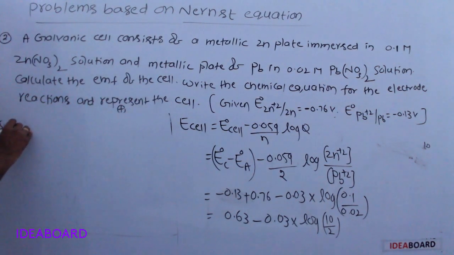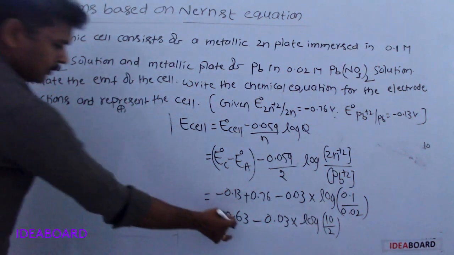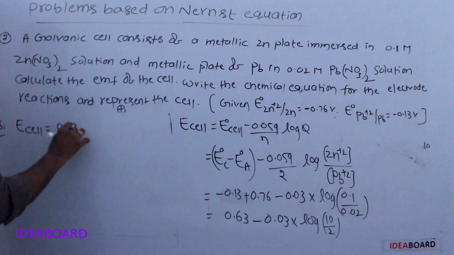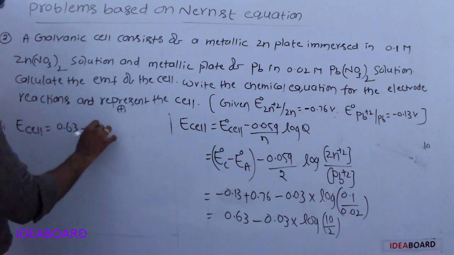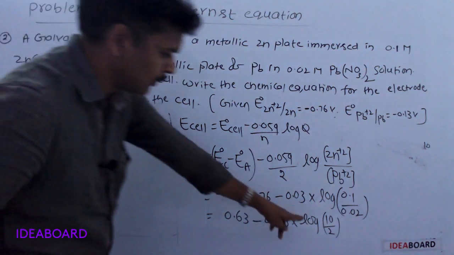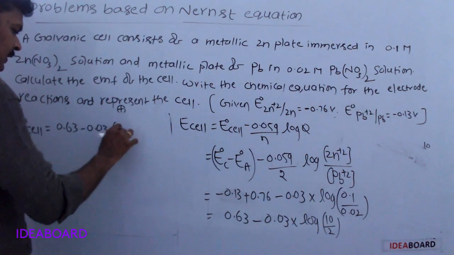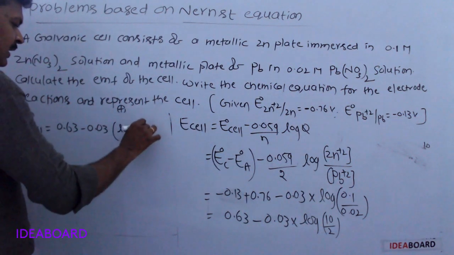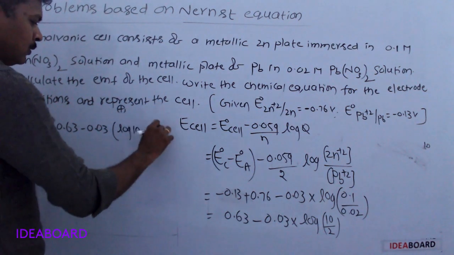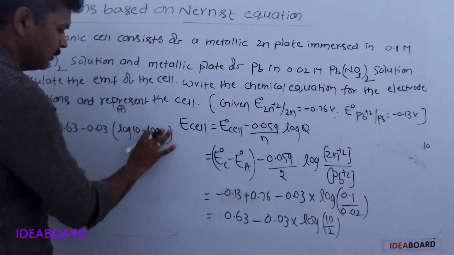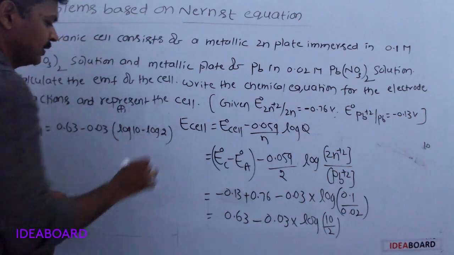Next, E cell is equal to 0.63 minus 0.03 into log 10 by 2. Log 10 by 2 we can write as log 10 minus log 2, using the formula log a by b equals log a minus log b.